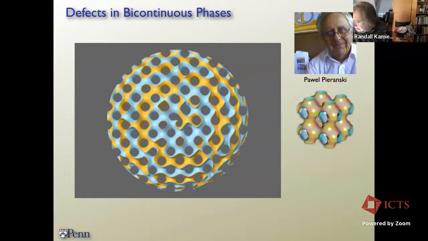And the interesting part would be, what do these belly buttons here look like? What do these funny regions look like? Those would be the regions that divide space over here, which kind of looks like a bicontinuous region, to a region here where it's not bicontinuous anymore, where there's only one side of the surface.